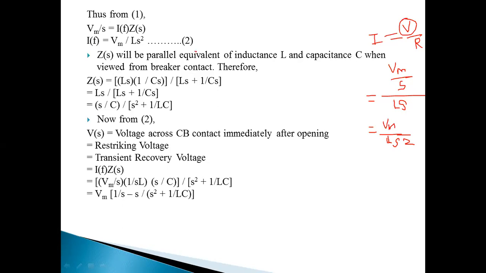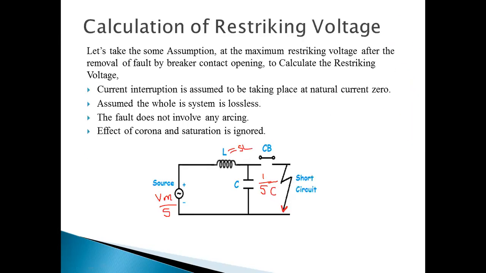So here this I of F is equal to Vm divided by L S square. Now, when we are considering this circuit from the circuit breaker side, just wait, I'll show you that circuit again.